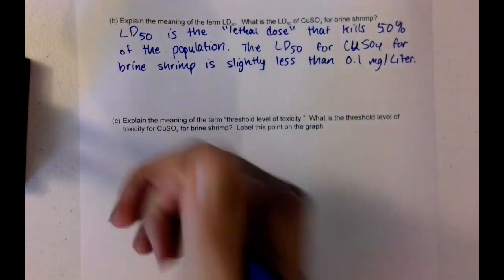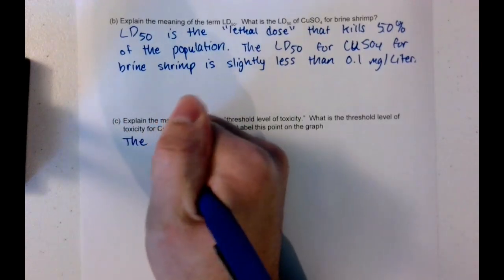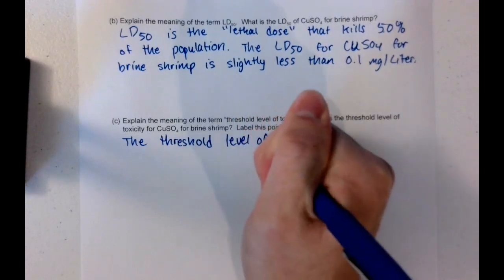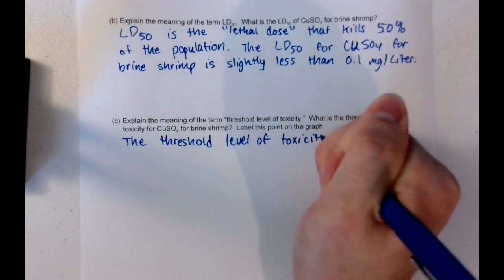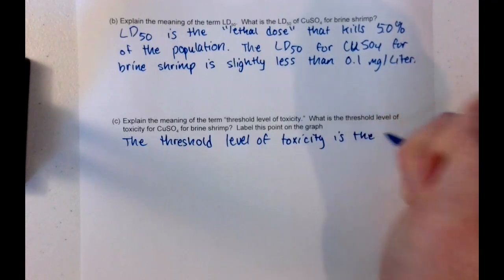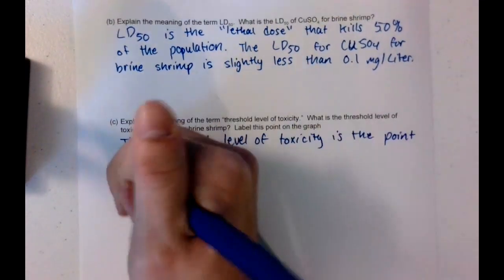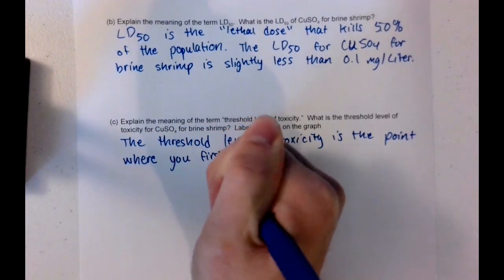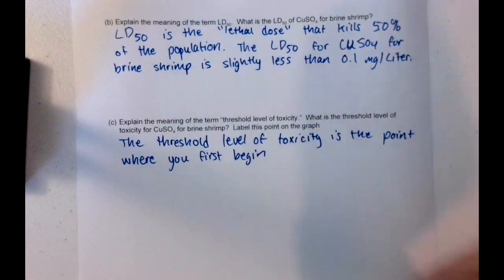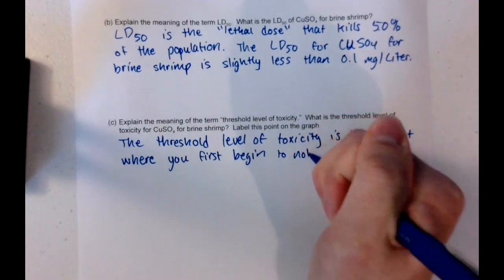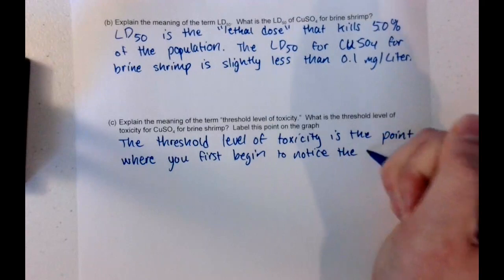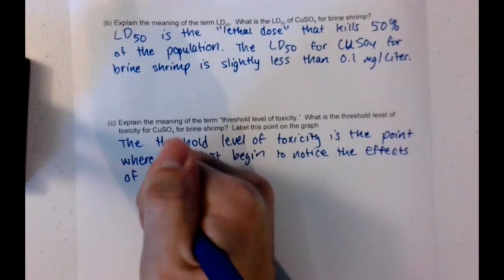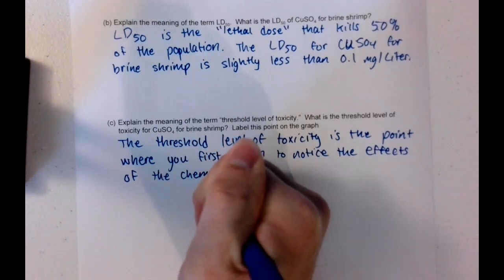So the threshold level of toxicity is the point where you first begin to notice the effects of the chemical.